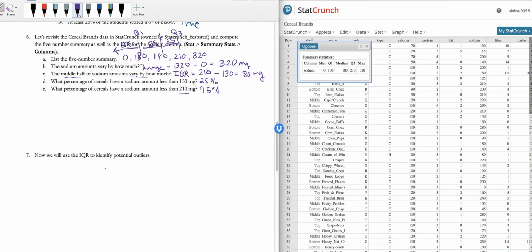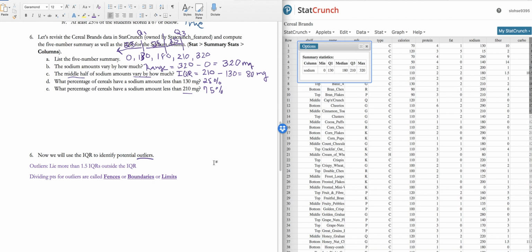All right, the next thing we're going to do is use our inner quartile range to identify potential outliers. Now, we've talked about outliers before, just in a general way of them falling outside of the pattern and the scope of our data. But right now we're going to give something a little more specific, and that is that outliers lie more than 1.5 interquartile ranges outside the inner quartile range.